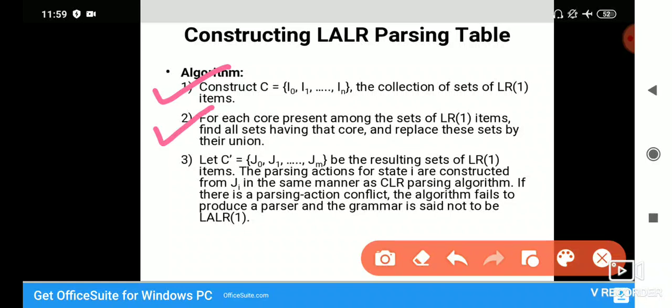For each core present among the sets of LR1 items, so we are talking about CLR, find all sets having that core and replace these sets by their union. We have to do the union part. While doing the union, we will create a new set of items. That is why in the first point it was I0, I1, I10, and in the third point we find J0, J1, J2 and so on.